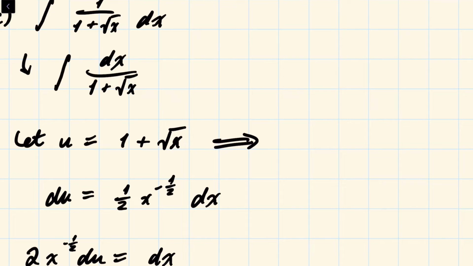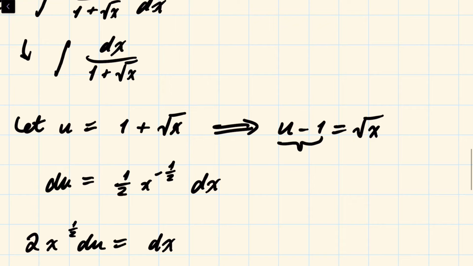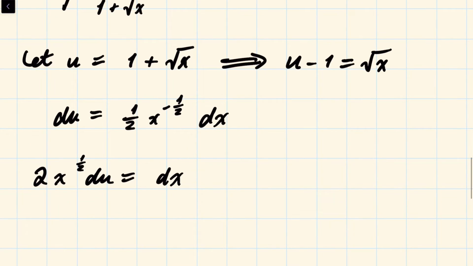This is just root x, right? So I'm gonna say u minus 1 equals root x. So now we can sub this u minus 1 for root x down here. So 2 times (u minus 1) to the half du is dx.